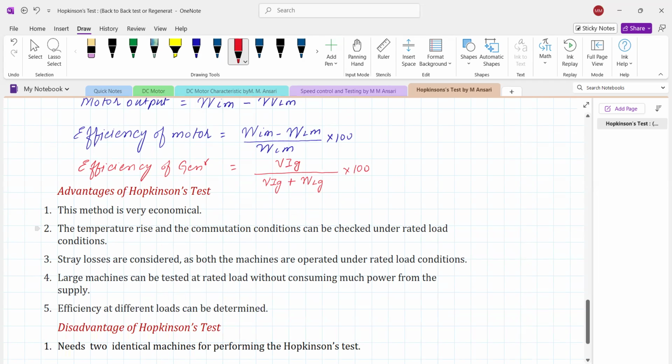Here both the machines are at load condition, therefore it is possible to observe the mechanical vibrations, sound, bearing condition, commutation, and temperature rise.